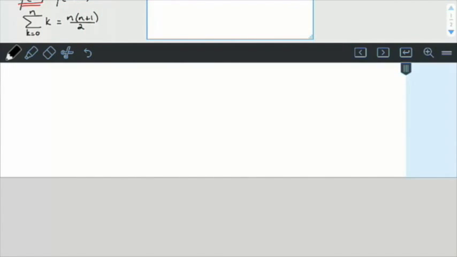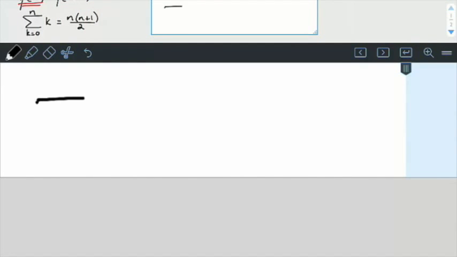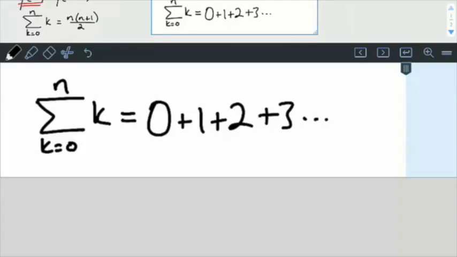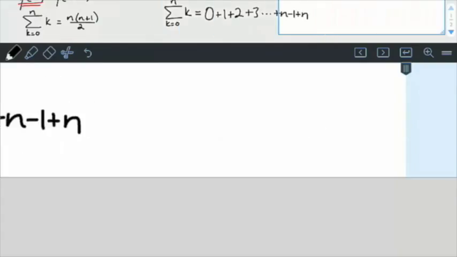Now I'll prove that this is correct, but I assure you this is correct. Which is 0 plus 1 plus 2 plus 3, all the way up until plus n minus 1 plus n. I'm asserting that this all equals n times n plus 1 over 2.